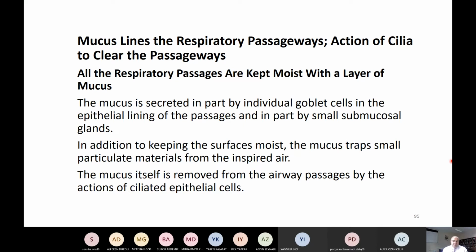You can give epinephrine to dilate the bronchioles, or you can block the parasympathetic system by using atropine. They both will dilate the bronchioles and the patient will be able to breathe easily. Okay?